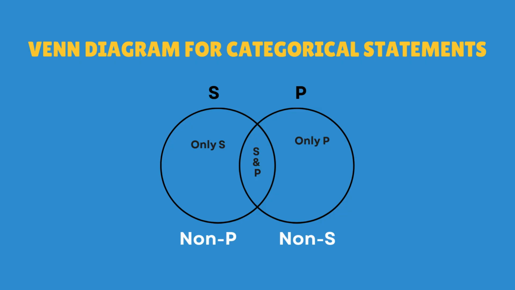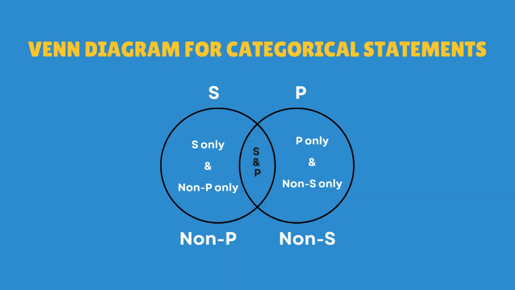But that's not all. You should also notice that the S circle can also be interpreted as a non-P circle, since an S is also a non-P. And the P circle can also be interpreted as a non-S circle, since a P is also a non-S. So, the S only space of the S circle is also a non-P only space, and the P only space of the P circle is also a non-S only space.